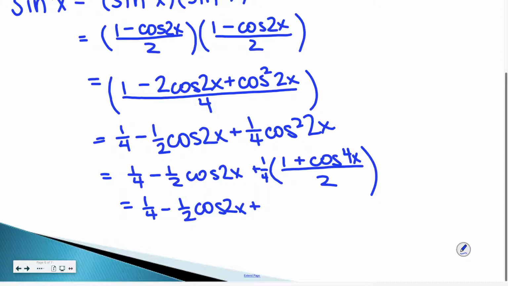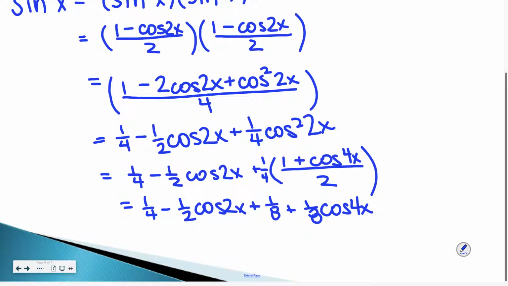And it's being multiplied by 1/4. So what we have is 1/8 plus 1/8 cosine of 4x. We could break up the fraction inside the parentheses to be 1/2 plus 1/2 cosine. And then we have the 1/4 to come through.